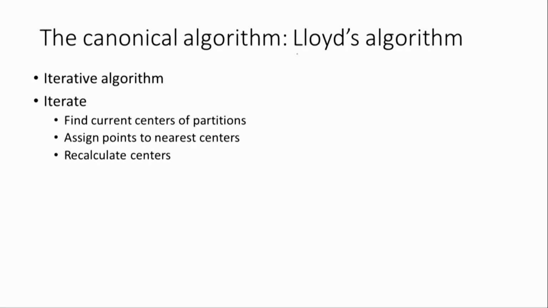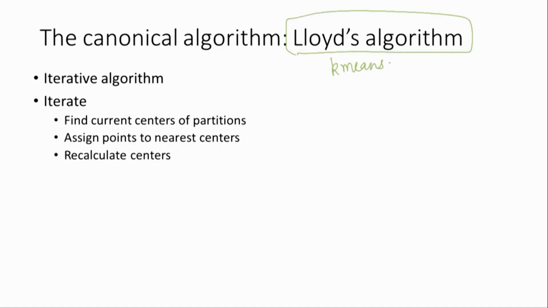So this is known as Lloyd's algorithm. Sometimes this is also known as the k-means algorithm, but I think that's a little imprecise way of characterizing it, because k-means is really the objective function. But some books tend to refer to it as the k-means algorithm, because this is really the prototypical algorithm for k-means.